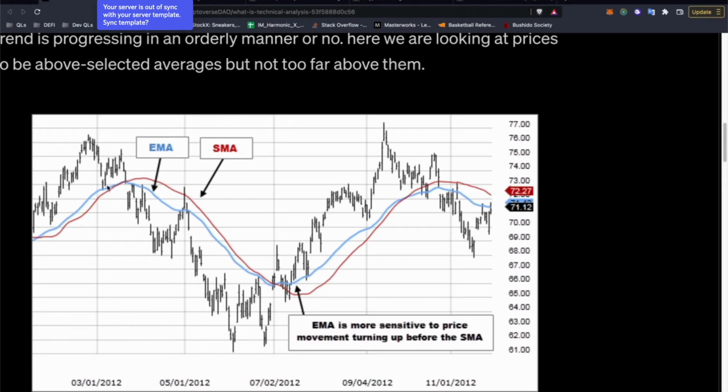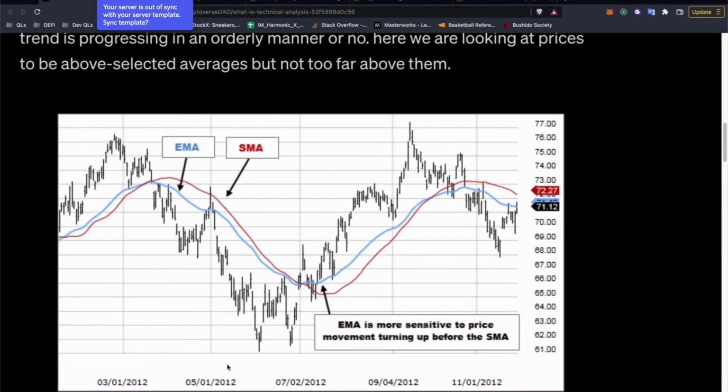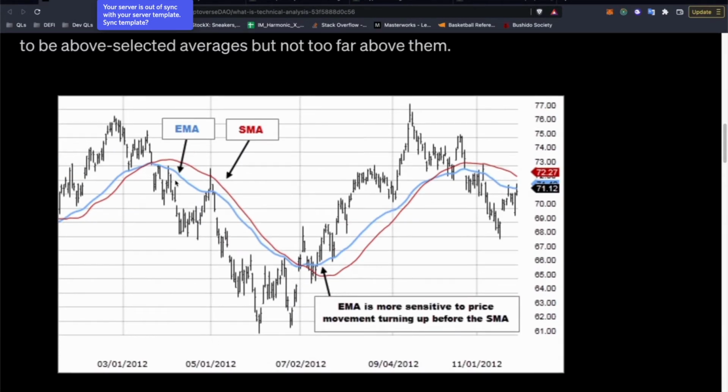It's a good gauge for manipulation in the market because, like I said, price should follow supply and demand almost perfectly, but it doesn't because of entropy and we're humans. So what an EMA or an SMA, just a moving average, does is it accounts for that.